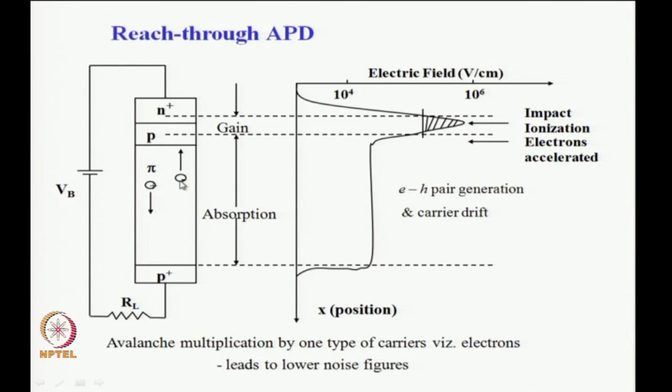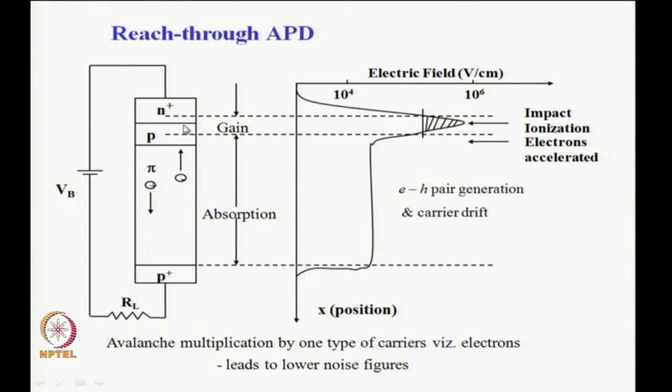However, when the electron accelerating in this region enters this zone, we note that the electric field is very high here, and therefore the electron immediately creates a very large number of electron hole pairs by impact ionization.